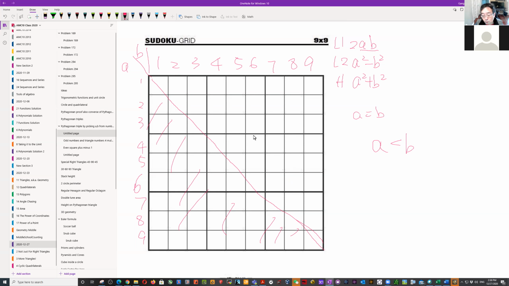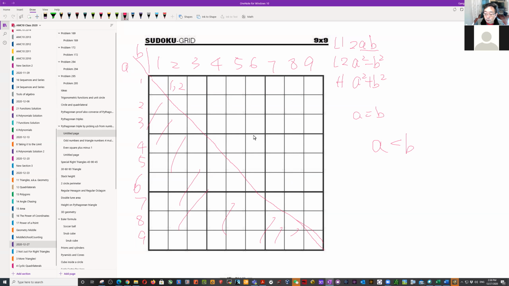This is a way of showing you how to study math methodologically, in an organized way. So 1 and 2 is the smallest pair I can get. Let's try 1 and 2.